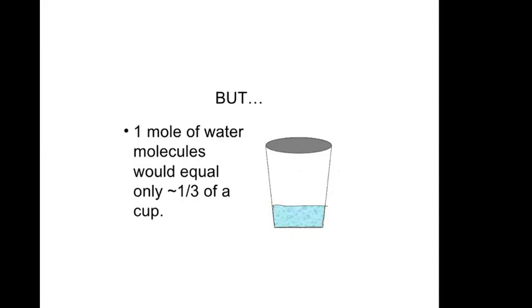So it's about 18 milliliters. That's not very much water at all. And that just goes to show you how small atoms are and why we need to work with something so big.